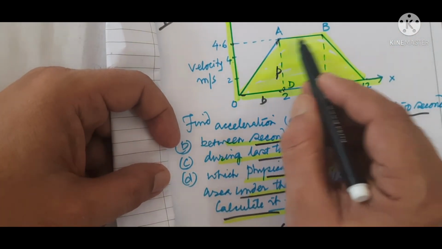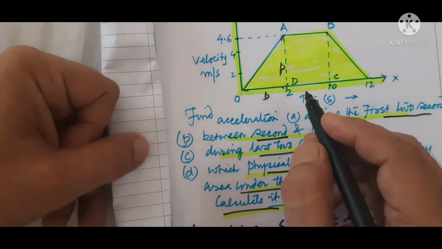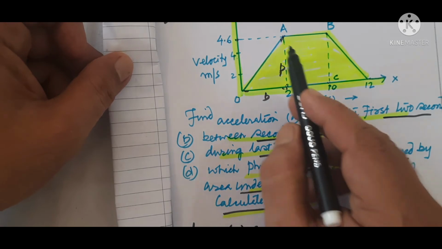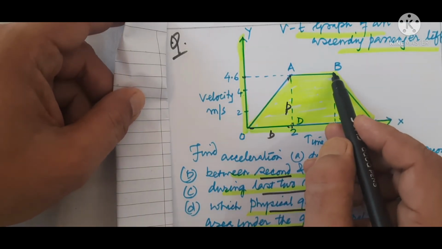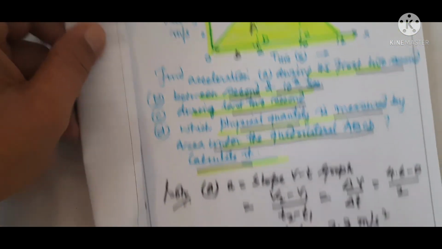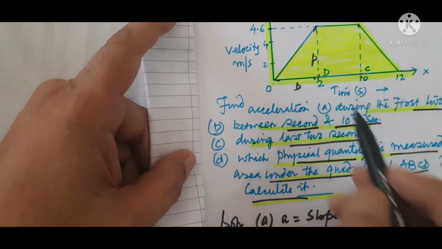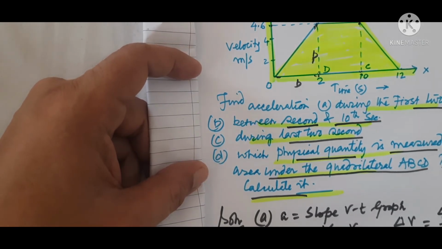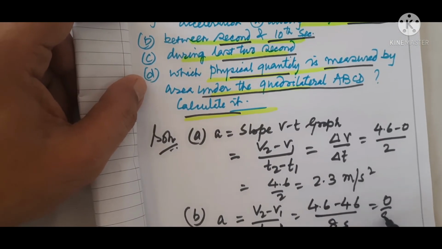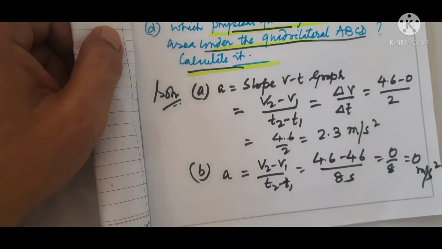Here, between 2 seconds and 10 seconds, what should be the change in velocity? Look here, what is the change in velocity? The velocity here is 4.6 and here it is 4.6, so we write 4.6 minus 4.6 by the change in time, 10 minus 2, that is your 8. So 0 by anything is 0 meter per second square. That will be your acceleration in the second case.